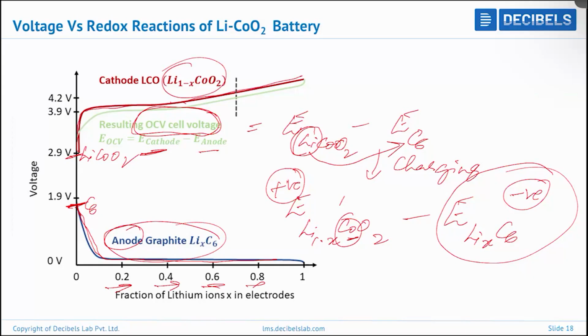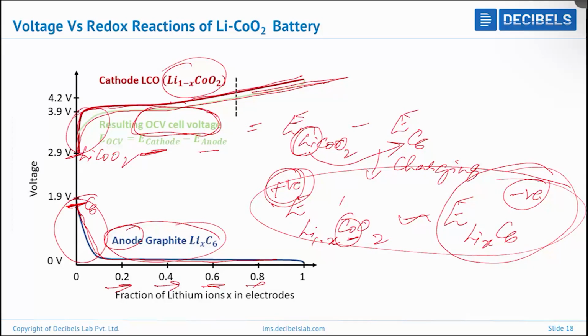So the difference also increases. The difference between these two, E cathode minus E anode, also increases here. This is the cell voltage. Why there is a sudden dip, why there is a sudden increase, all those things will be discussed later.